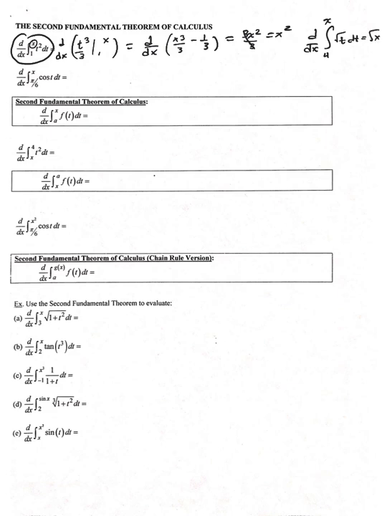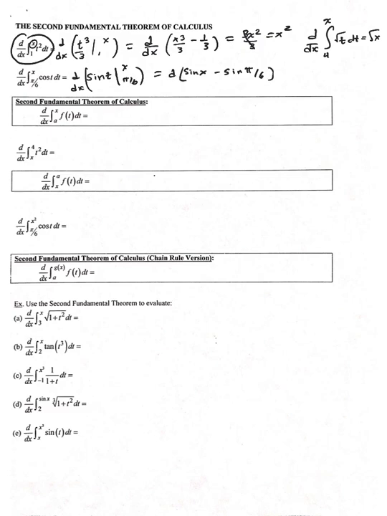Okay? All right, next, we get the antiderivative of cosine, which is sine, right? We have our upper bound is x, lower bound is pi over 6, and then we're going to get the derivative. So we have sine x minus sine pi over 6.